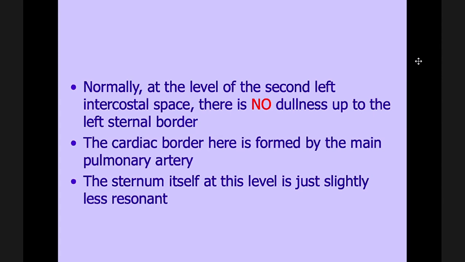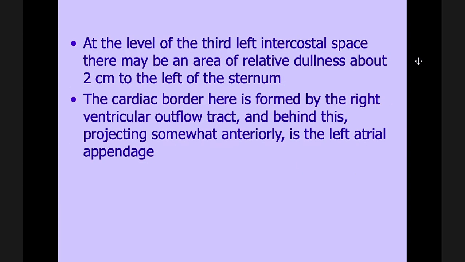Normally, at the level of the second left intercostal space, there is no dullness up to the left sternal border. The cardiac border here is formed by the main pulmonary artery. The sternum itself at this level is just slightly less resonant. At the level of the third left intercostal space, there may be an area of relative dullness, about 2 cm to the left of the sternum.